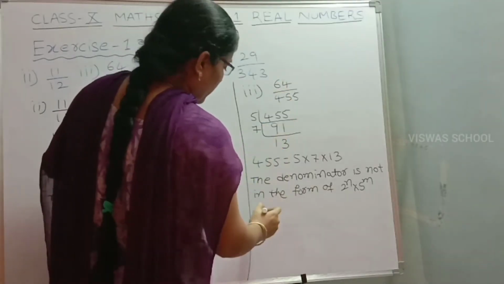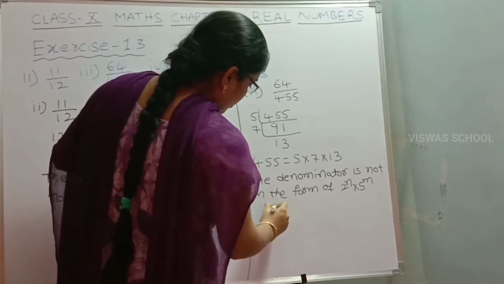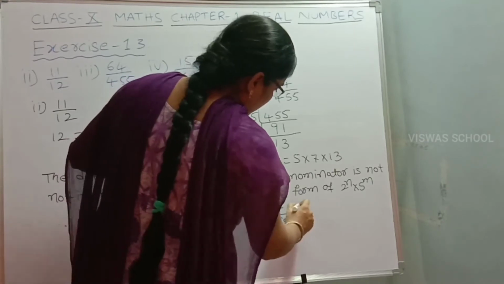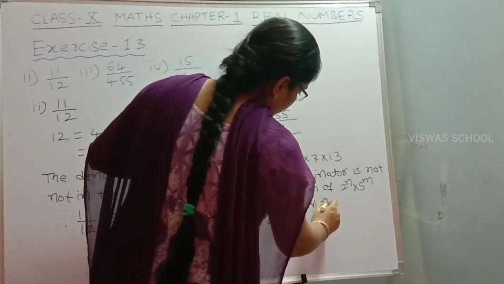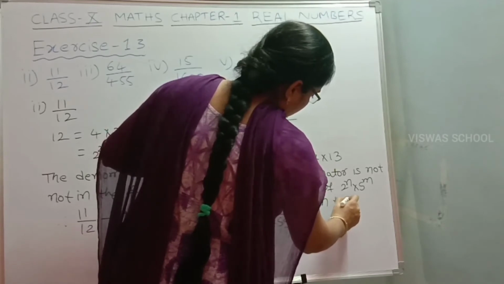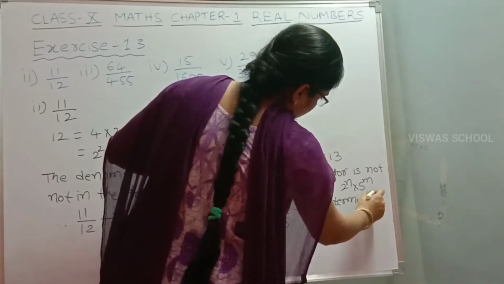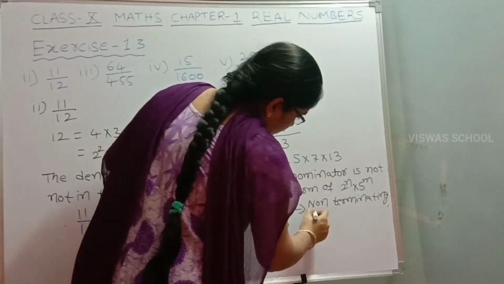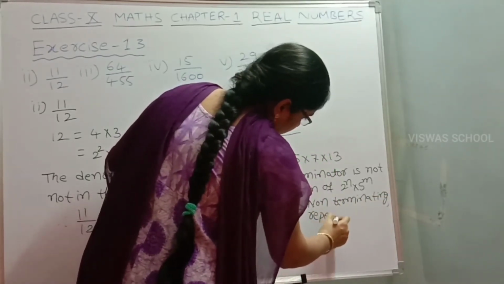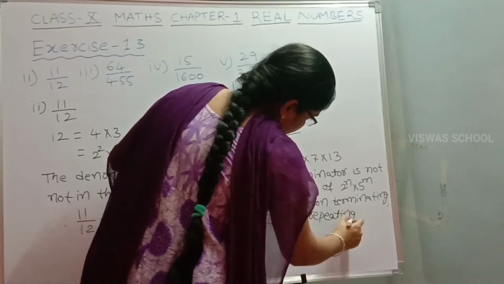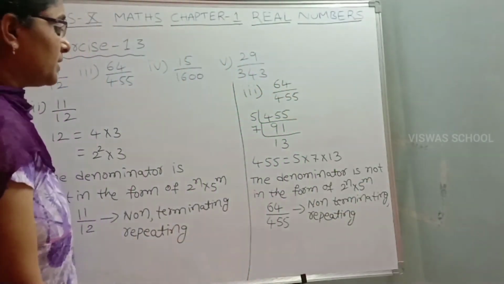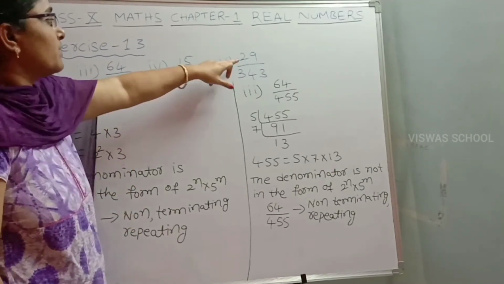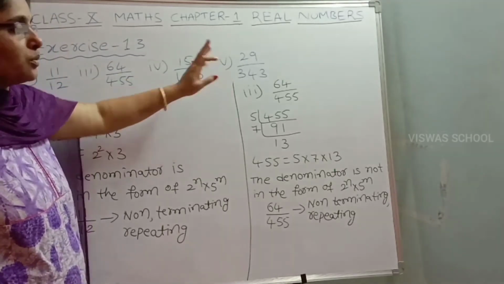Therefore, 64 by 455 is non-terminating repeating decimal form. Do this 15 by 1600 and 29 by 343 as homework.